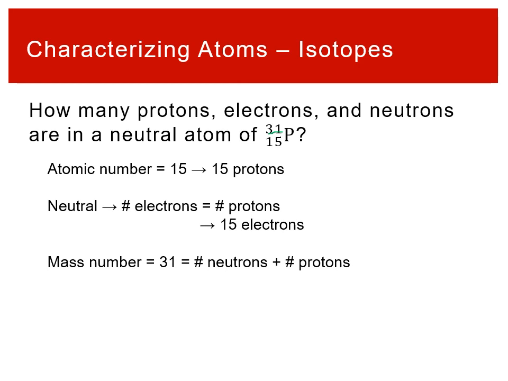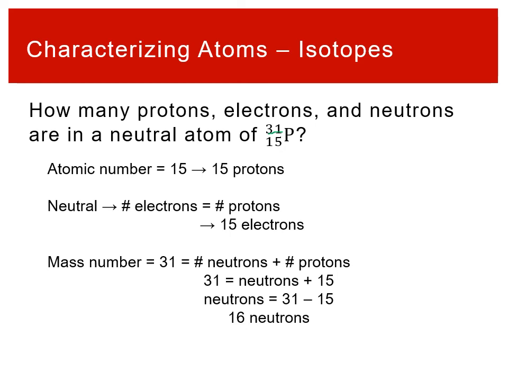Good thing we already figured out the number of protons was 15, so we can plug that in. 31, that mass number, is equal to neutrons plus 15. So do our algebra, neutrons is going to be 31 minus 15, which means there are 16 neutrons in this atom.